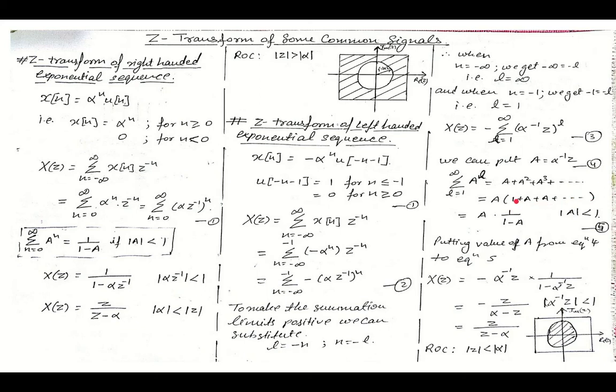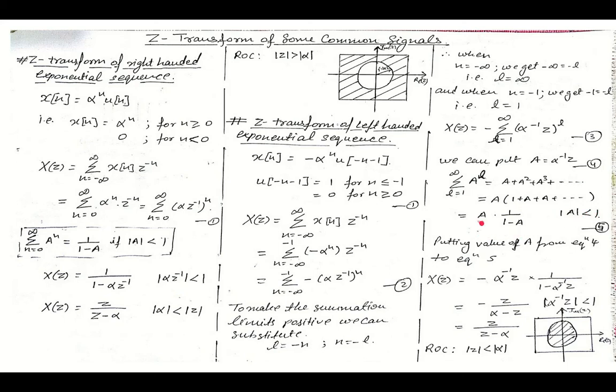So this in itself is an infinite GP. Now this value in the bracket can be said to be 1 upon 1 minus a. Now as we have mentioned, the summation of n equal to 0 to infinity a to the power n is equal to 1 upon 1 minus a. Similarly this value in the bracket will give me 1 upon 1 minus a, where mod a is less than 1.